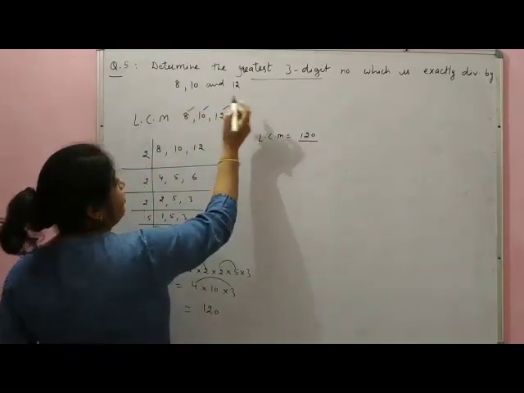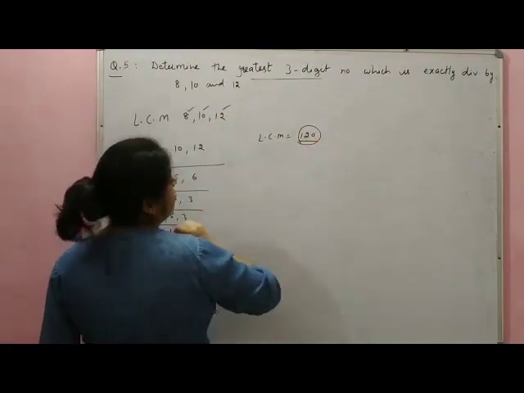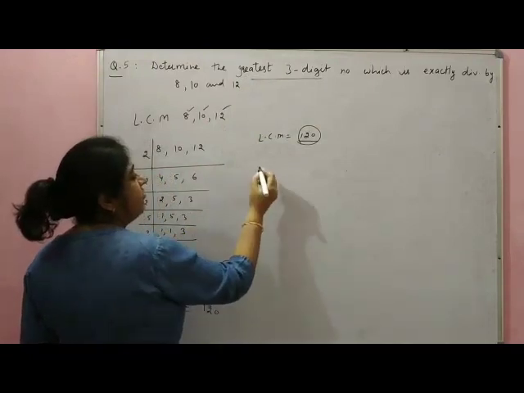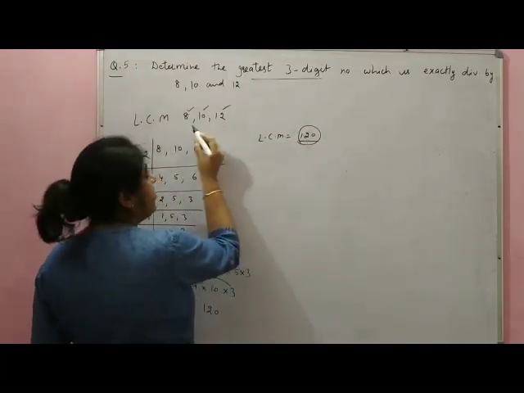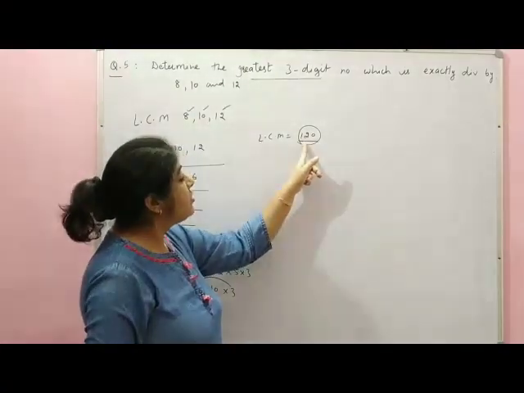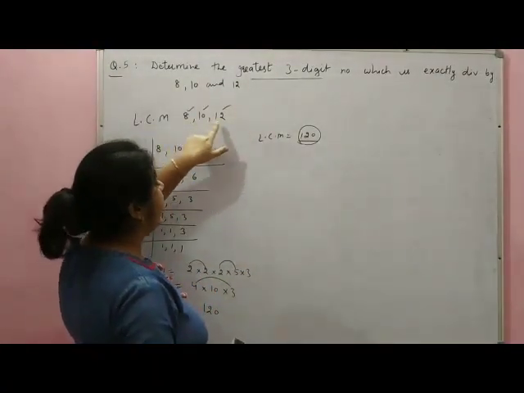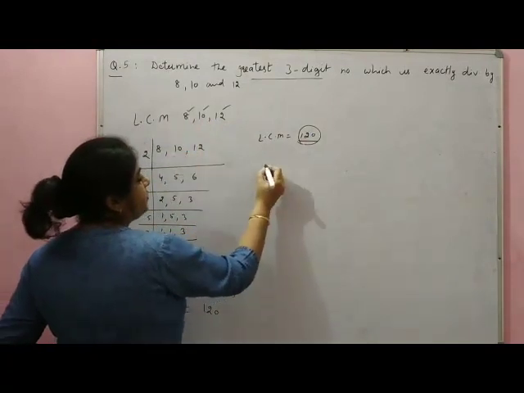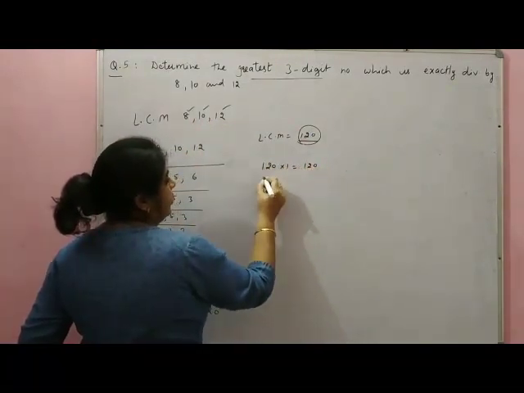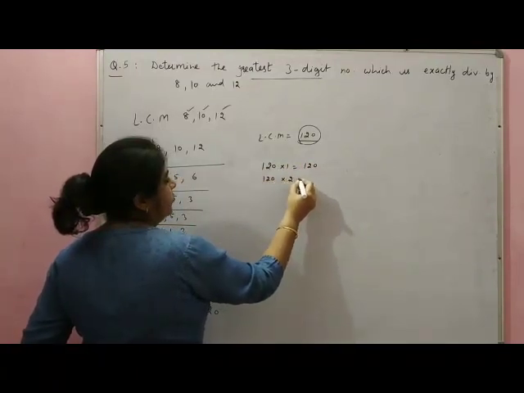See what we have to find. This is 3-digit also, but we have to find the greatest 3-digit number. Also we have discussed if 120 is divisible by all 3 numbers, then its multiples also will be divisible by all 3 numbers. So we will get the multiples. 240.